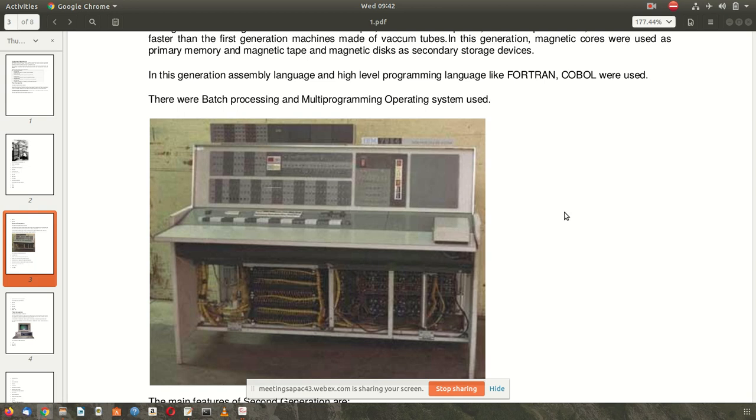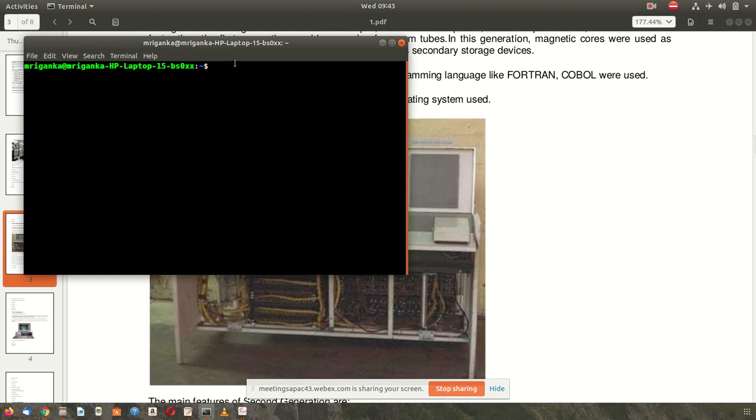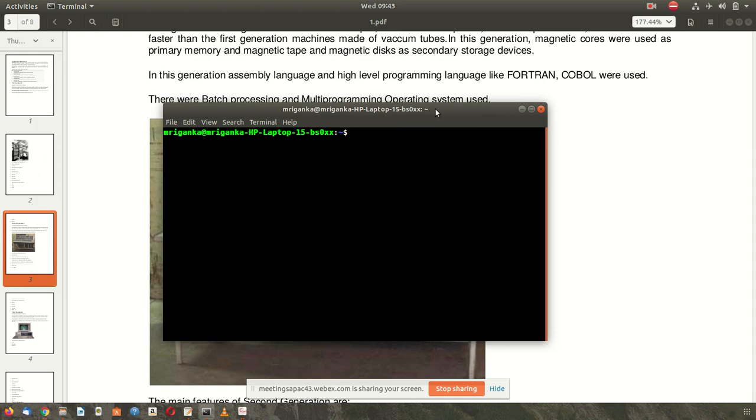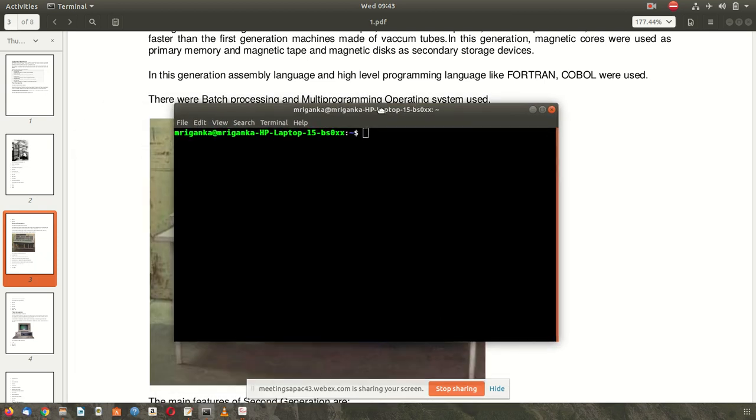For example, here I will show you one screen. I have to display the list of files. This is a blank screen. Now I type L S. What am I typing?